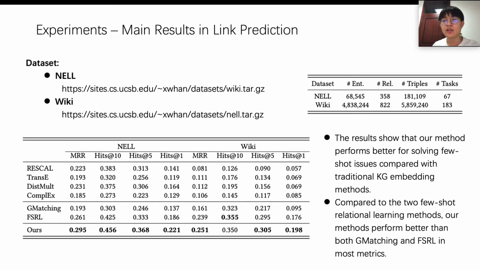The result shows that our method performs better for solving few-shot issues compared with traditional KG embedding methods. And second, compared to the 2 few-shot relational learning methods, our method performs better than both GMatching and FSRL in most metrics.